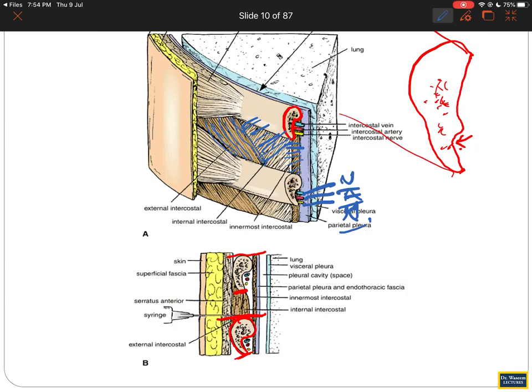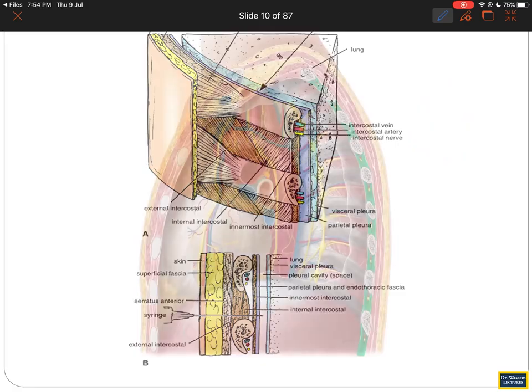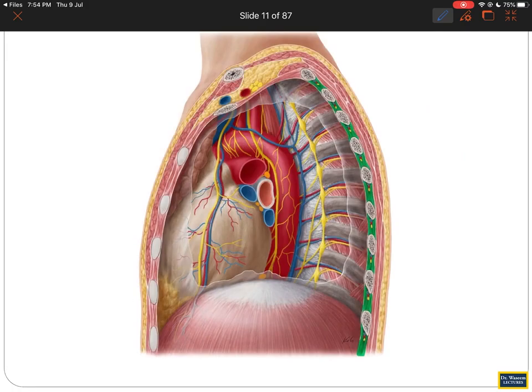So, these are the muscles which you are watching here. You can see in this diagram also: skin, superficial fascia, fatty layer, then the membranous layer, and then the muscles: external intercostal, internal intercostal, and inside will be the transverse thoracic also, I am sorry.